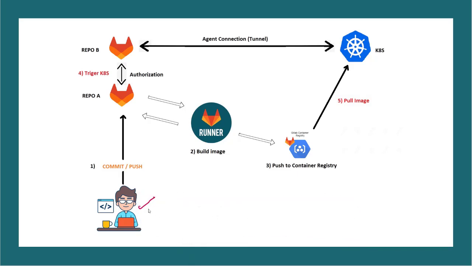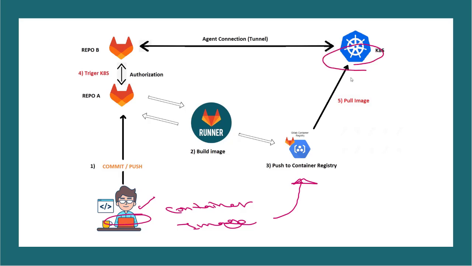So, the source code here is on my computer. I need to build a container image from the data that I have and push it to a container registry. Then on the Kubernetes cluster, by running a proper manifest, pull the image from the container registry and bring up the container here.